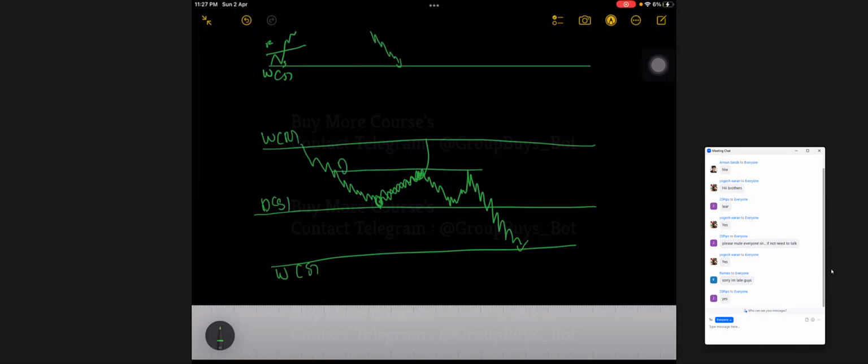The weekly has not yet finished the storyline, so your exit will be here. But if you enter here and want to exit at the roadblock, also can. You get like 300 pips, 500 pips, 400 pips, something like that.